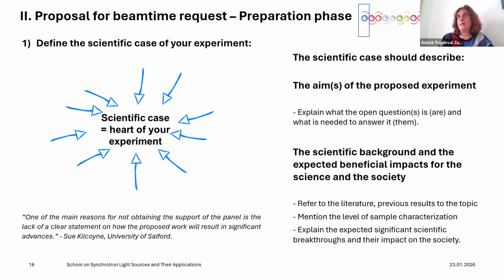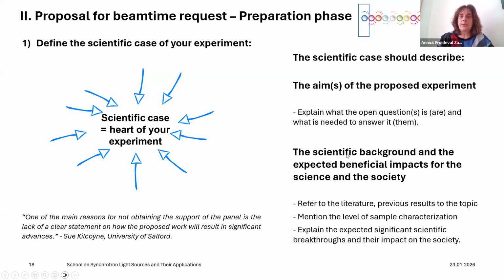This is really the questions that you would like to answer. This is actually very important because this is the heart of your experiment. It is because you have these typical questions that you would like to solve and you can only solve at the Synchrotron facility, that you will start thinking about writing a Beamtime request.